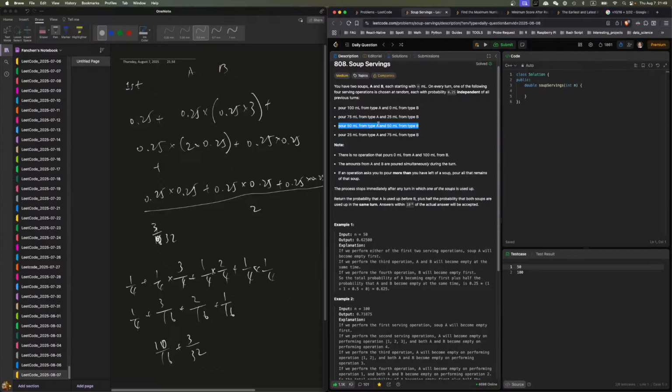Yeah, if they want to end up the same, you can either do all this, or do alternating this, or do this plus this, right? Oh, probability.